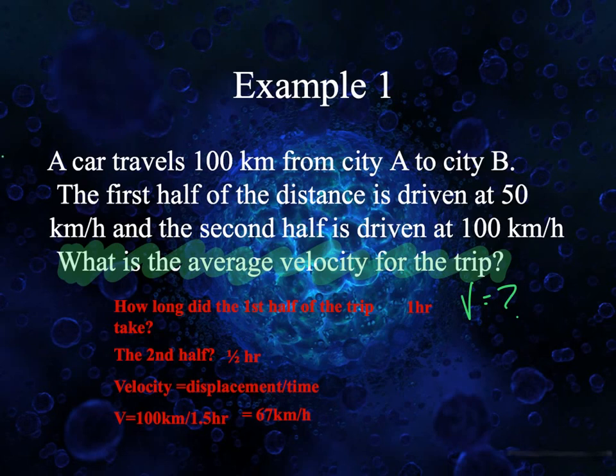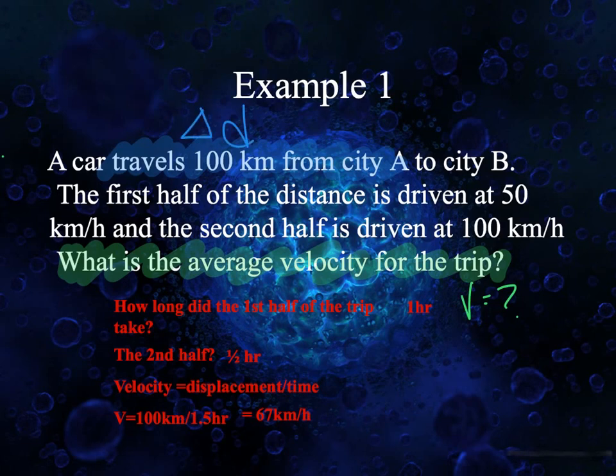I also see that the car traveled 100 kilometers from city A to B. So this is giving me my displacement. This is my delta D.